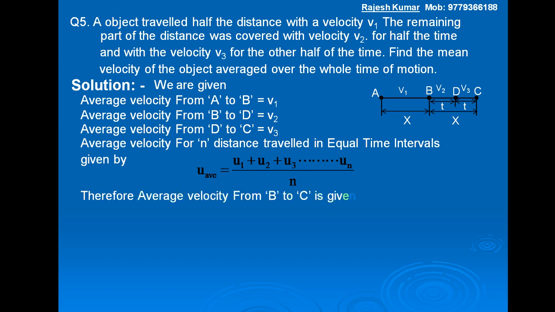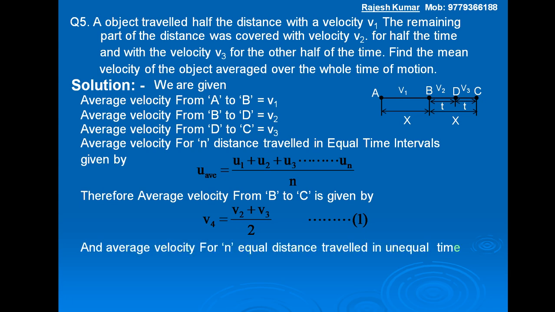In our case, therefore, the average velocity from point B to C is given by v4 is equal to v2 plus v3, whole upon 2. Here n is equal to 2, that is, there are two equal times of motion for the object. Let it be equation number 1.